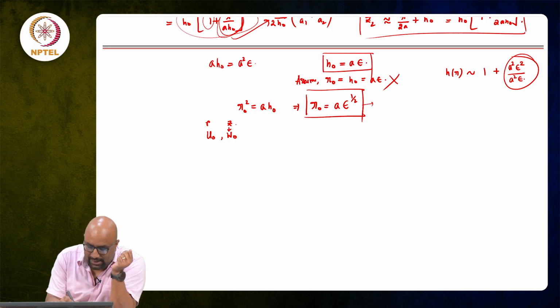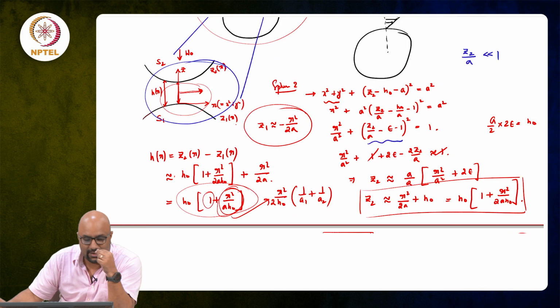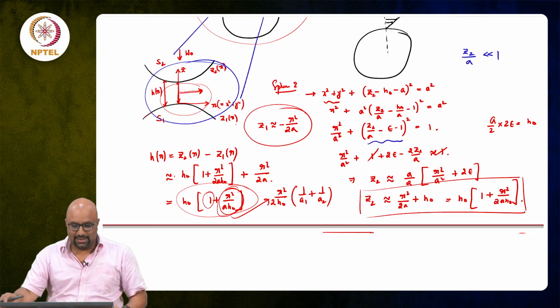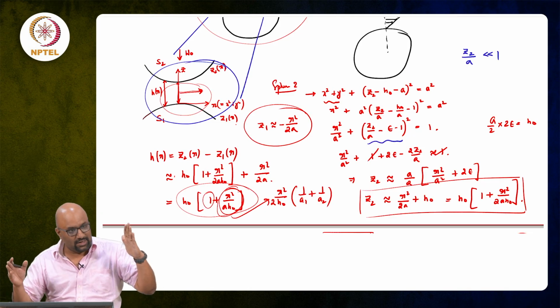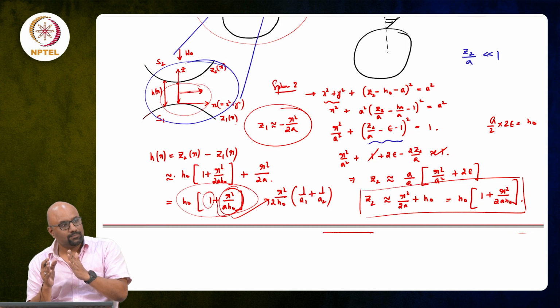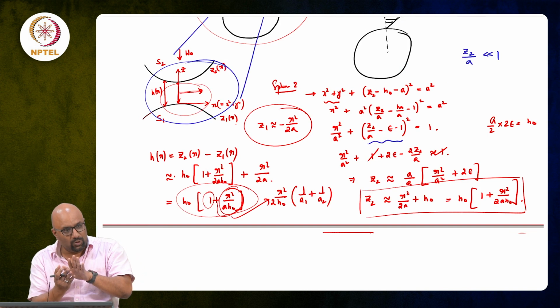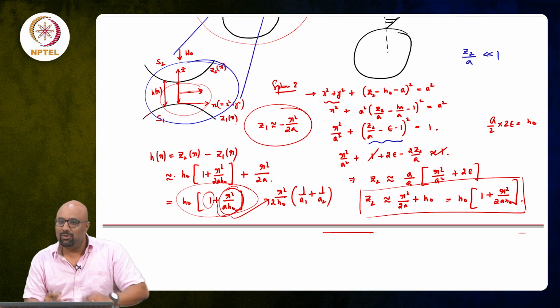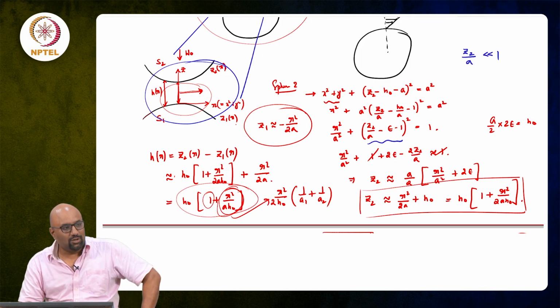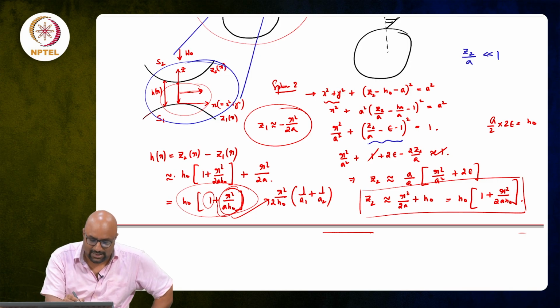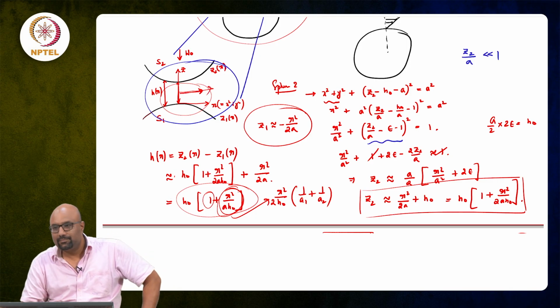In the axial or normal direction, the velocity is already set, that is the velocity with which sphere 1 is approaching sphere 2. I am trying to push sphere 1 towards sphere 2. So, the velocity scale in the axial direction, the z direction, is W naught. Now, should U naught, which is the velocity scale in the radial direction, be the same?